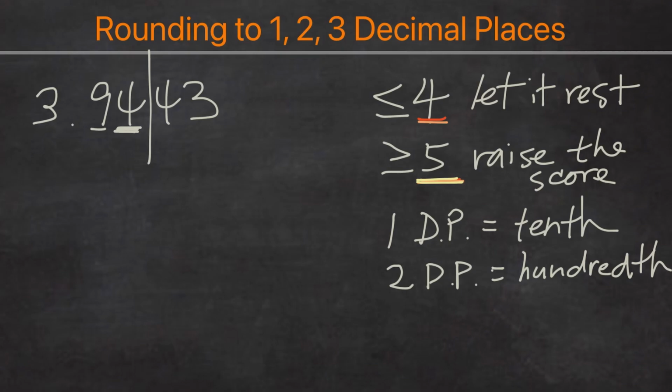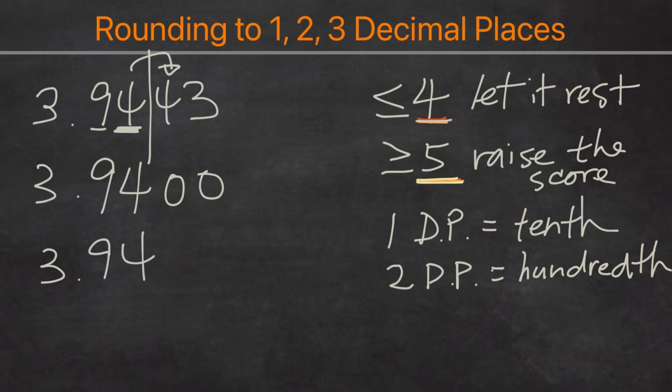This way we know that we are rounding to the 100th place, and we are looking at the number to the right. In this case, it is 4. So 4 will fall under the rule of rounding, let it rest. The 4 will become 0, and we don't do anything on the 100th value. And so this will become 3.94 as we are rounding to the 100th.